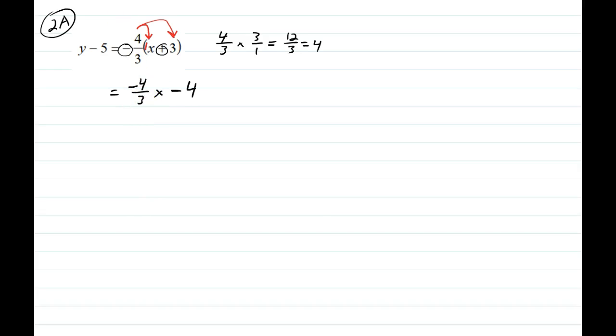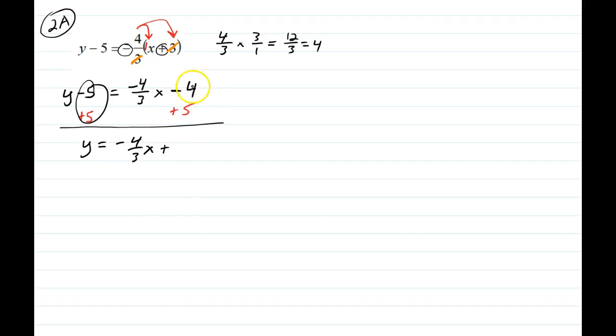The shortcut here is when the denominator matches the number it's being multiplied by, you can cancel them out. So now we have y minus 5 on the left, and our last step is just to move the 5 over. And rewrite it, so this becomes 0. We get y equals negative 4/3 x. Now we have more positives, and 5 minus 4 is 1.